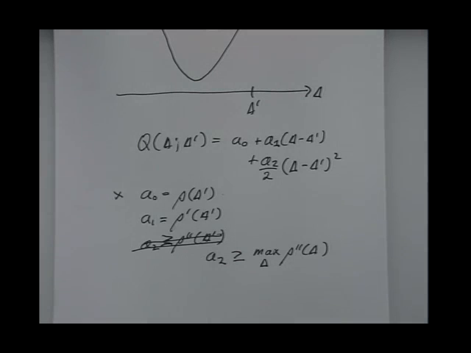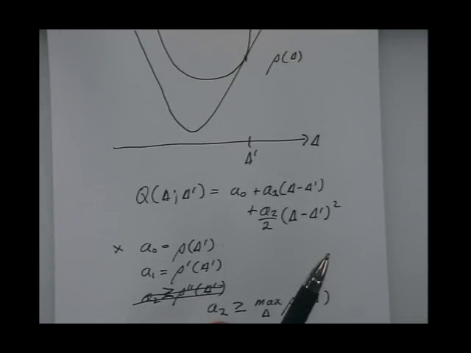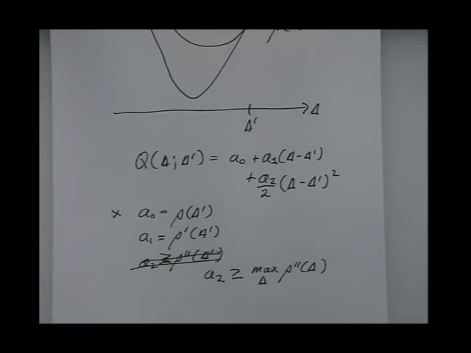Now, when you put the max, it's sufficient, but it's not necessary. In other words, a smaller value of A2 may achieve the same goal. Right, which was exactly my next point.